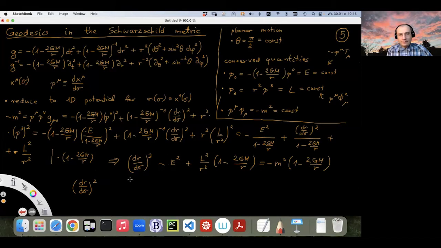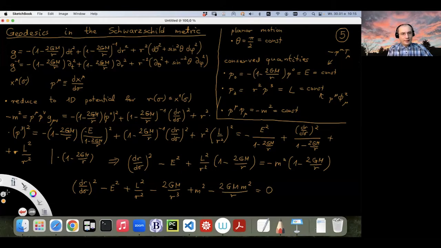Okay, so here we have minus E squared plus L squared over r squared minus 2GM L squared over r to the power of 3. And here we got plus m squared minus 2GM m squared divided by r. And that's supposed to be equal to 0.